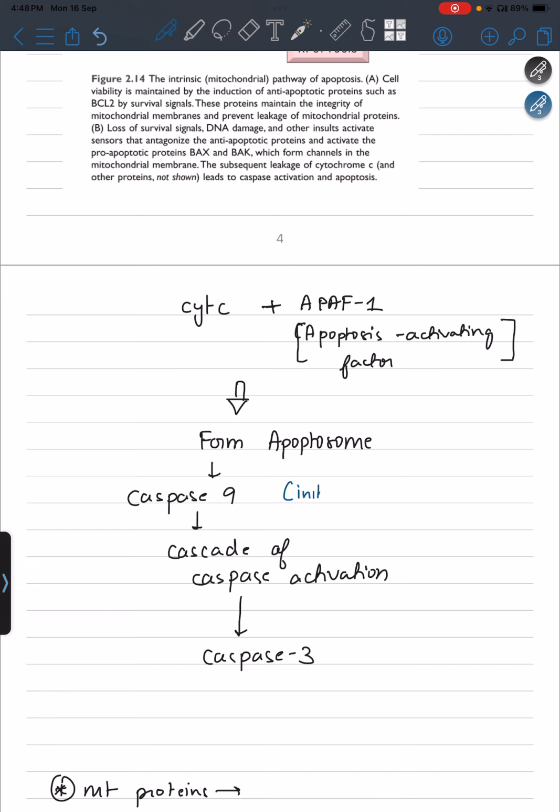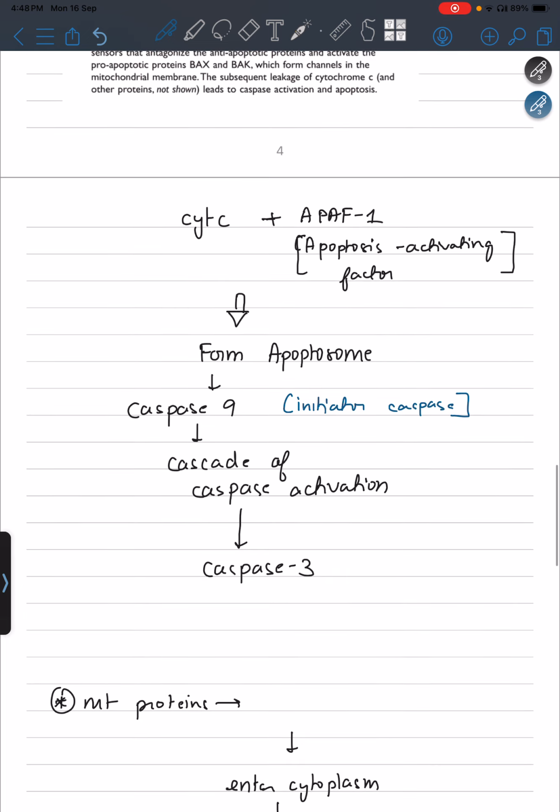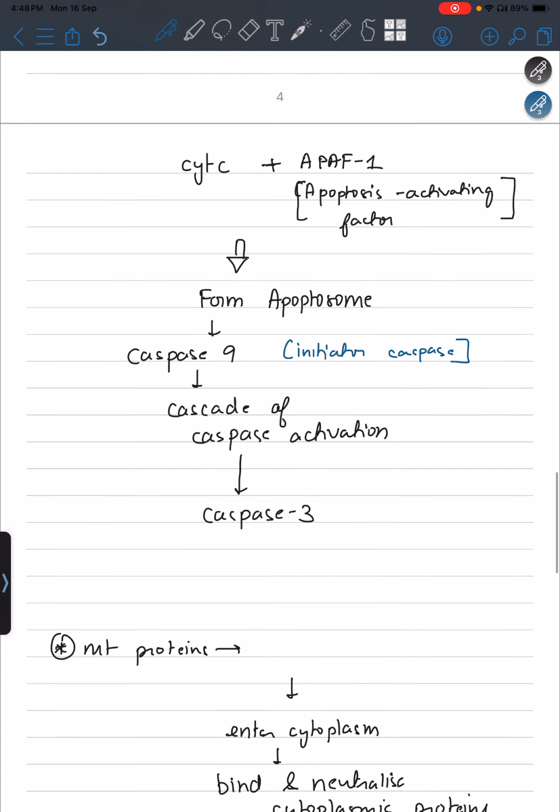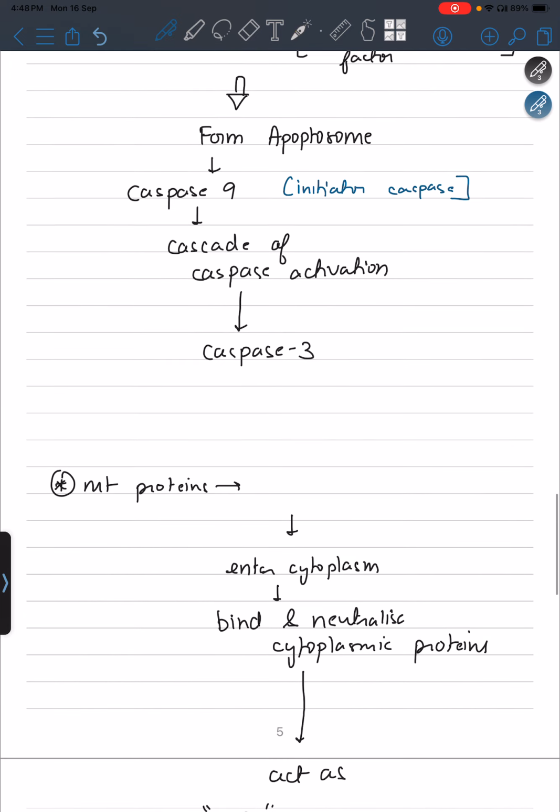This caspase 9 is an initiator caspase that will cause the cascade of caspase activation, and multiple caspases will be activated, and ultimately caspase 3 will get activated, which is our executioner caspase, and it will perform the cellular fragmentation.